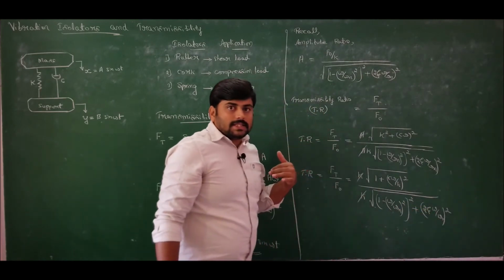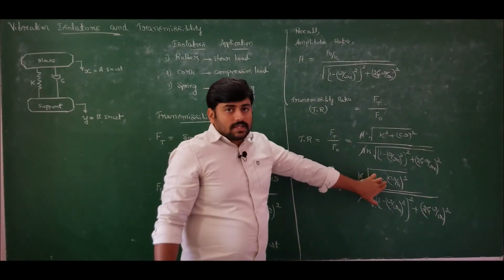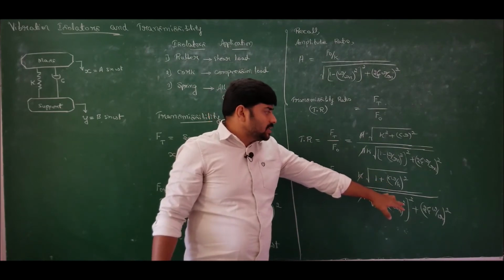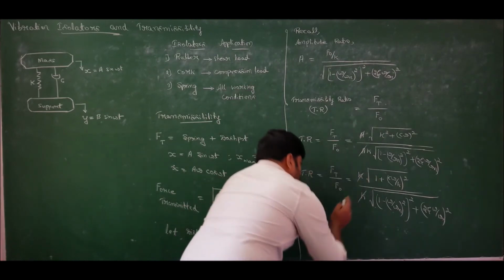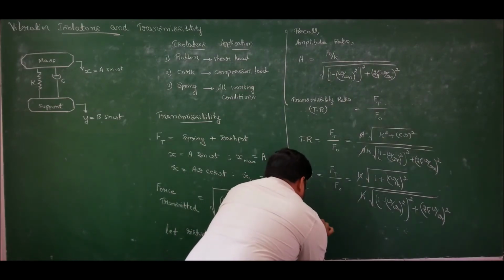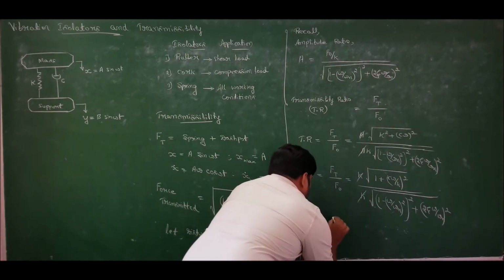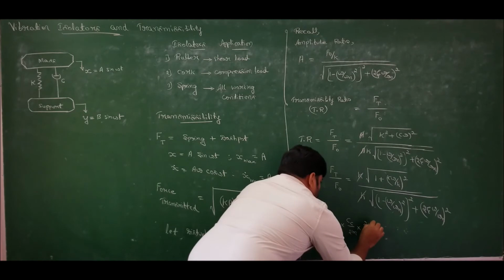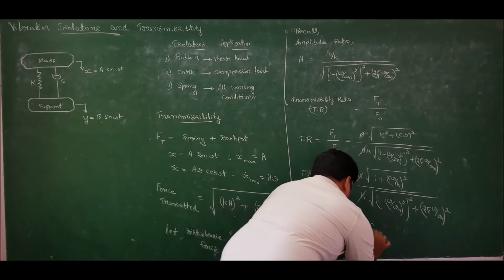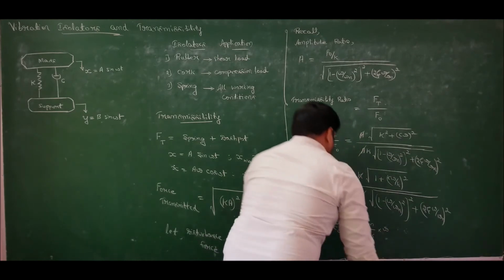If you are following my lectures from the beginning, you know how we have simplified c omega by k as 2 zeta omega by omega n. For new joinees, let me simplify it once again. That is, c omega by k can be written as c by cc into cc by 2m into 2m by k into omega.